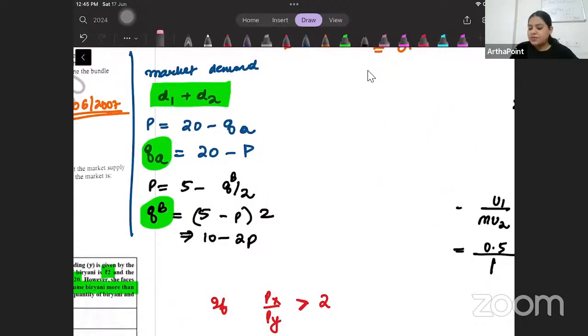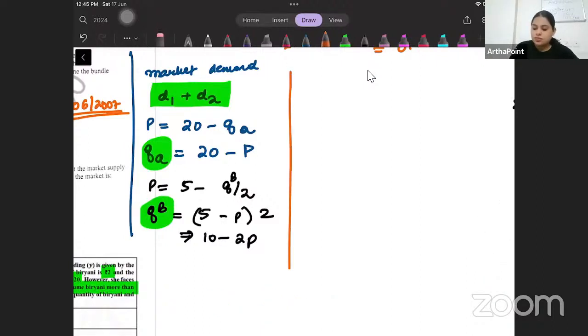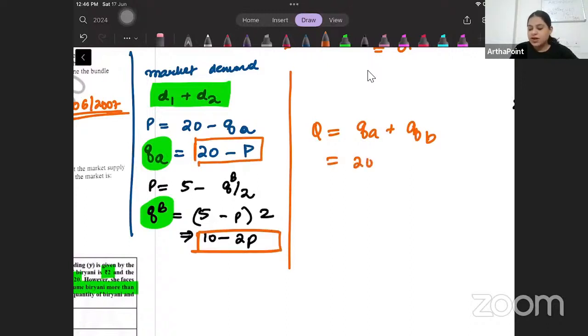So the market demand, which is represented by capital Q, will be QA plus QB: 20 minus P plus 10 minus 2P. This is capital Q. This is the demand. So you have got the market demand.